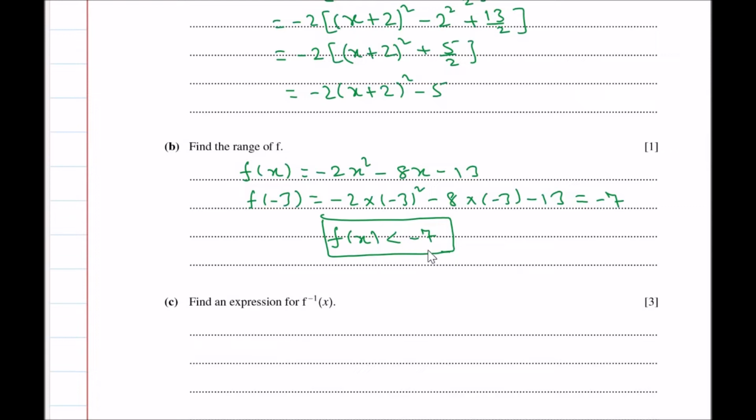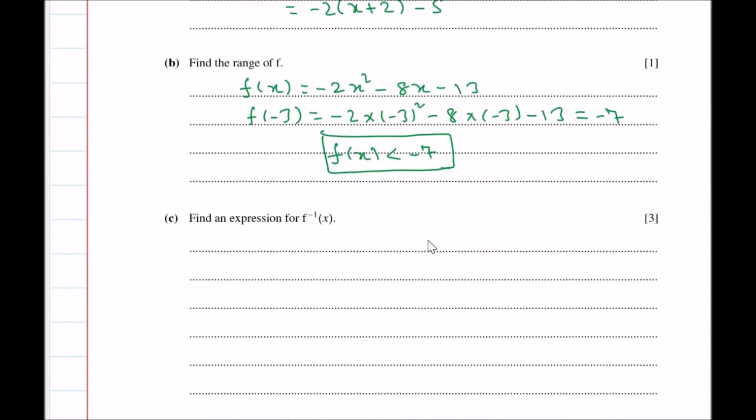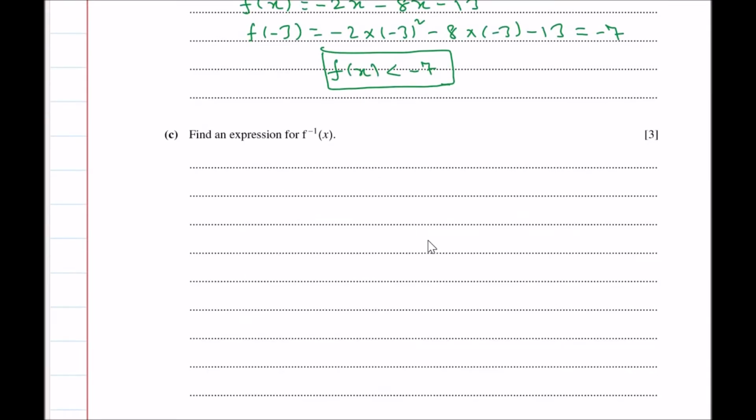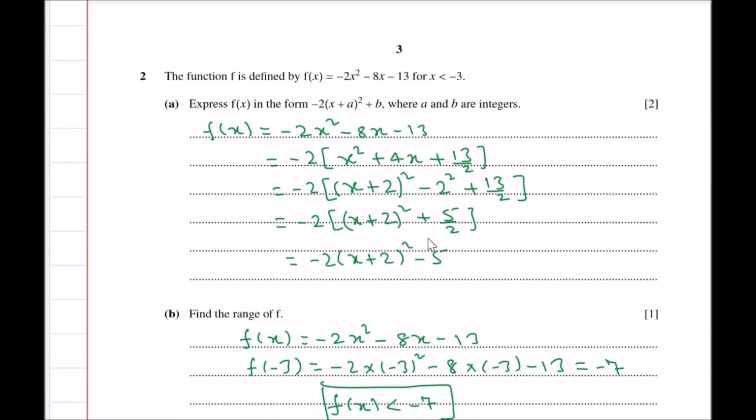The next question is find an expression for f inverse x. We have to write f inverse x for the given function. So f x equal to, now whenever you have this kind of question, they have made us write the function in completing square form.